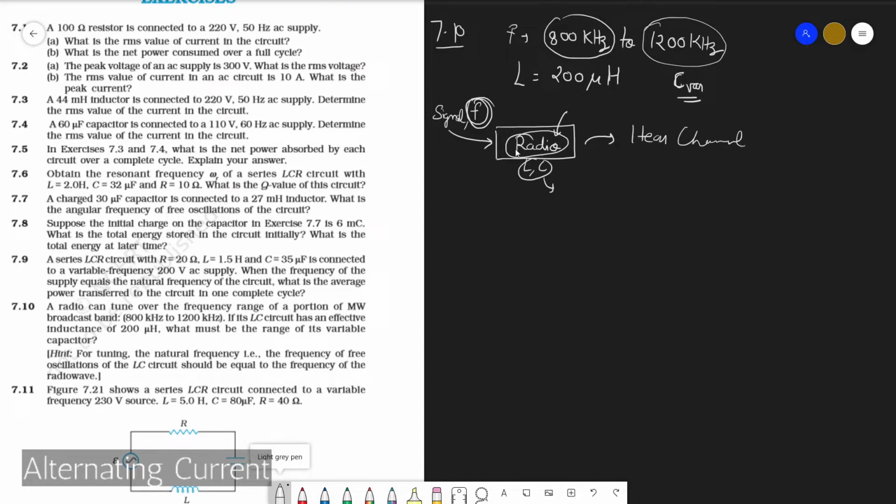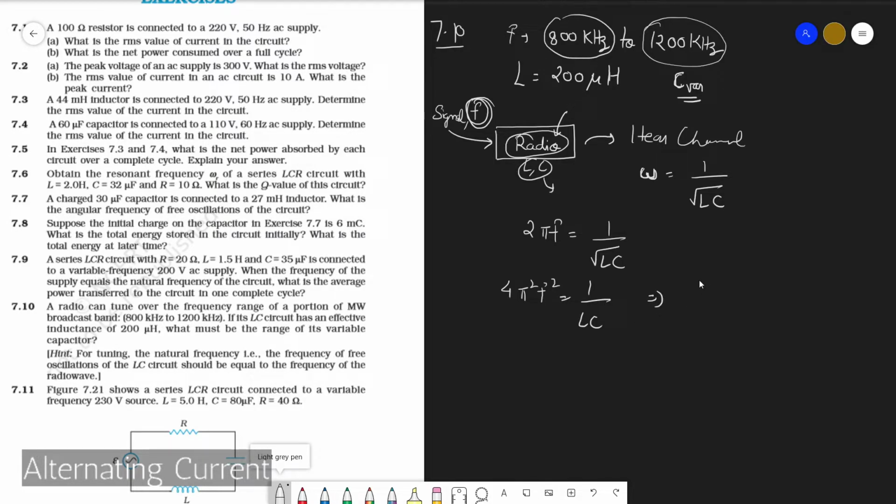So what condition is that? That is the resonance condition. Omega of the incoming signal must be equal to 1 by root LC. He is giving it in terms of f, so we can write 2 pi f is equal to 1 by root LC, and we need to find the value of C. If I square both sides, I get 4 pi square f square equal to 1 by LC.